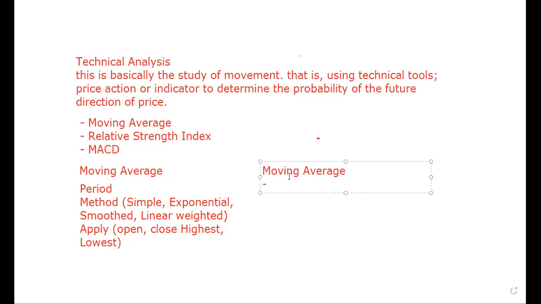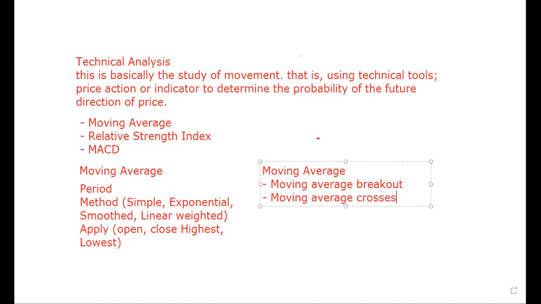Either you want to trade a moving average breakout, that is, anytime price breaks out of a particular moving average, that is when I want to trade. That is you using a moving average breakout. And the second one is you using a moving average cross.